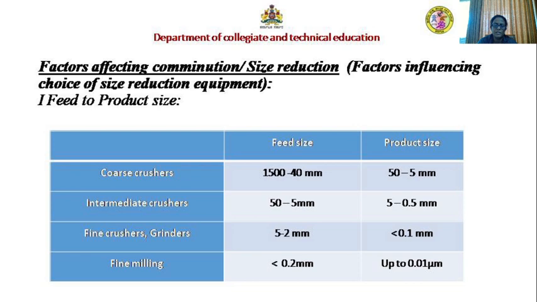Here the particle size with which you start is around 5 to 2 millimeters, which gets reduced to a size of less than about 0.1 millimeter. So we call it fine milling or fine grinding or ultra fine grinding. Here the particle size is very small. We start with fine materials of about 0.2 millimeter, and it will be reduced to a very minute size of up to 0.01 microns.